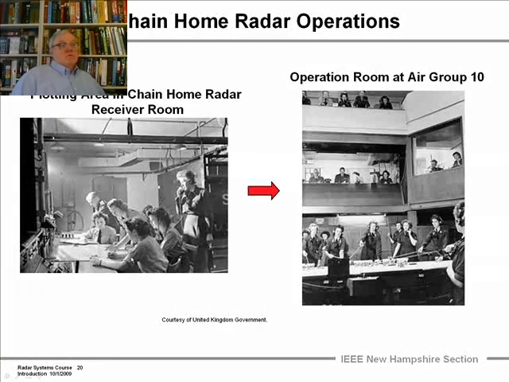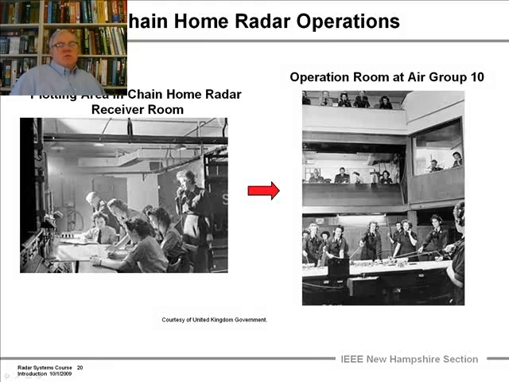And here is a plot room where the receiver operators would plot the position and range, and send the position, range and azimuth to a station, which would be the command and control center for the site, and then to an air operations group where they'd have little markers on a giant map of the lower section of Great Britain showing the progress of the attack, and then via telephone lines alerting the British fighters where to go to meet the attack.